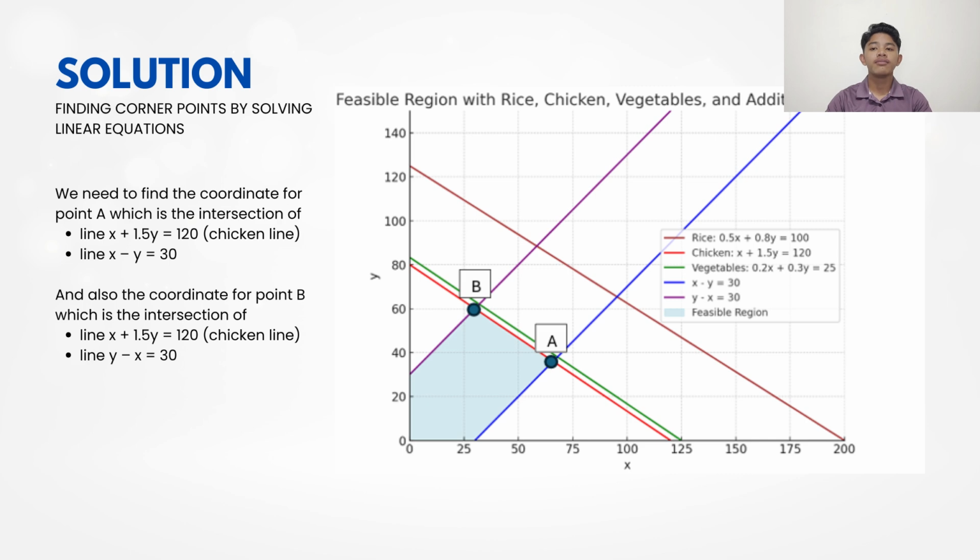And point B is located at the intersection of the line x plus 1.5y equal to 120, which is also the chicken line, and the line y minus x equal to 30.